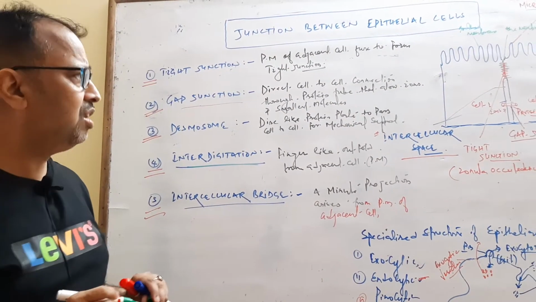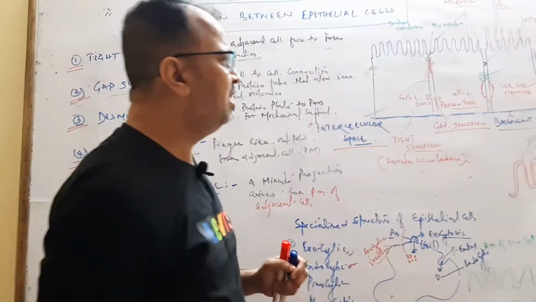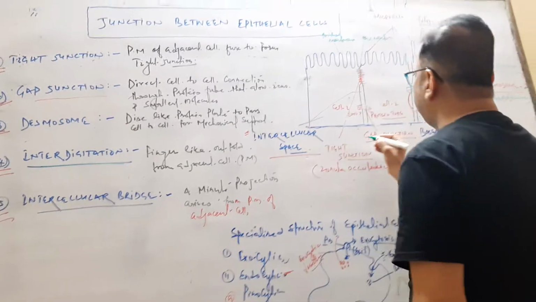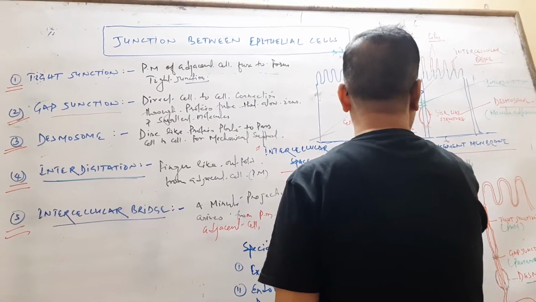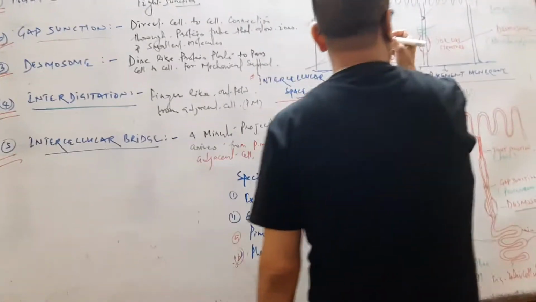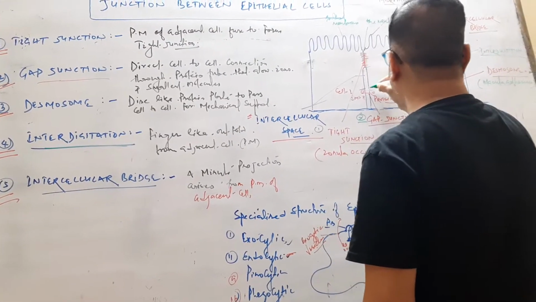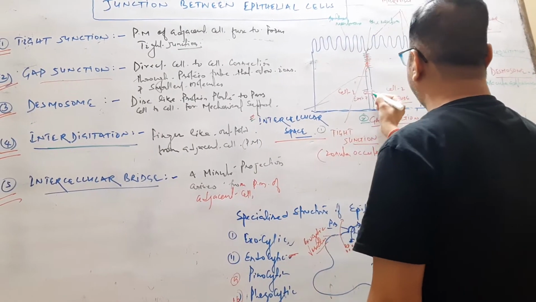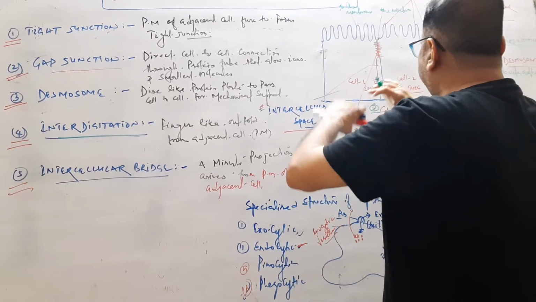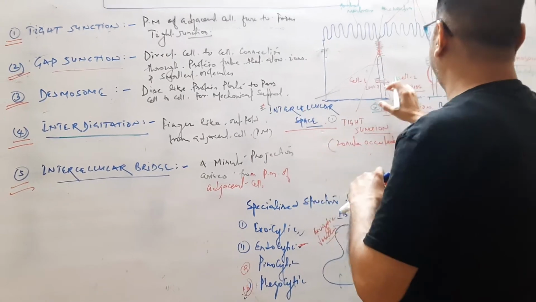Next one is gap junction. First tight, second gap junction. In between two cells a space is present, and that space is called intercellular space. There is a gap between two adjacent cells.